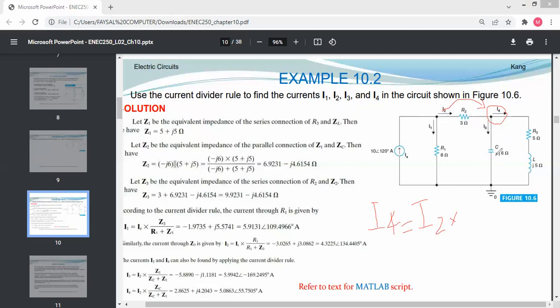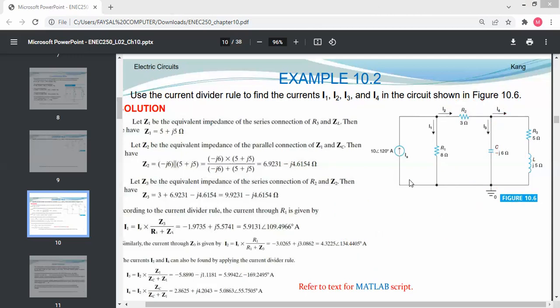Now there are two parameters, this one and this one. So the previous mode is this one, so I have to divide VC by VC plus this value, which is my Z1, as this is VC, so it will be ZC plus Z1 respectively. So this is how we find the values of I1, I2, I3, and I4 for the circuit using the current divider rule.